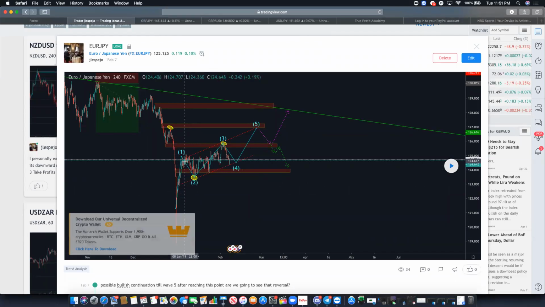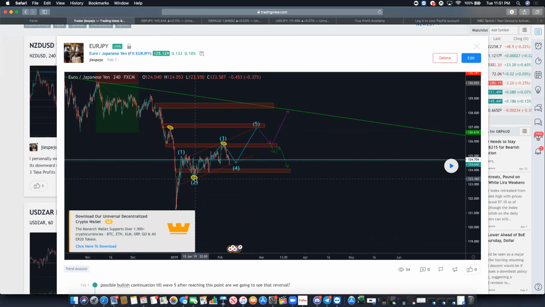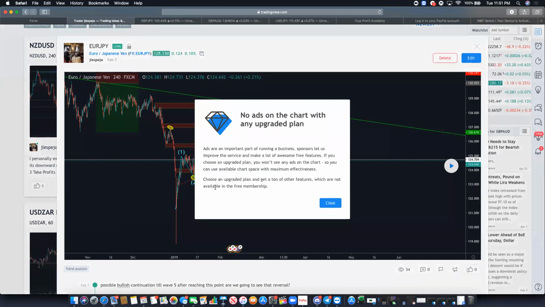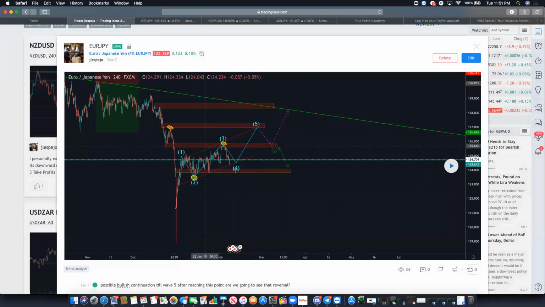Notice what happens. The market came back and retested here. Then we had wave number three, right? The market shot up, came back. Once it hit this point, it came back down and retested. Now, this is a prime example of using the Elliott waves along with your zones to determine where the market is heading to next.